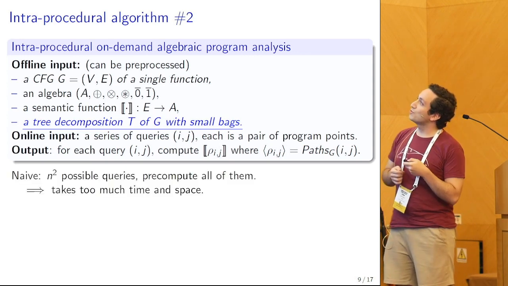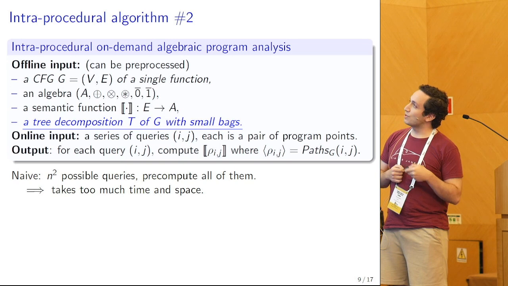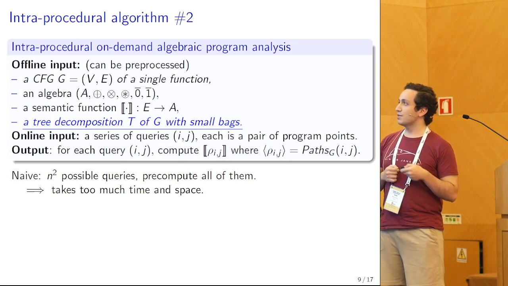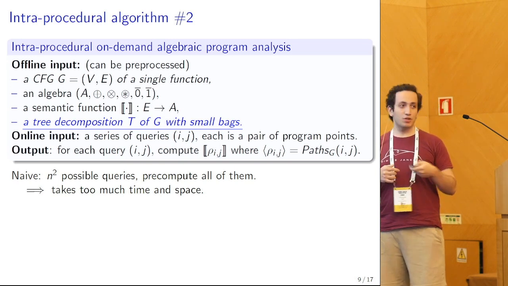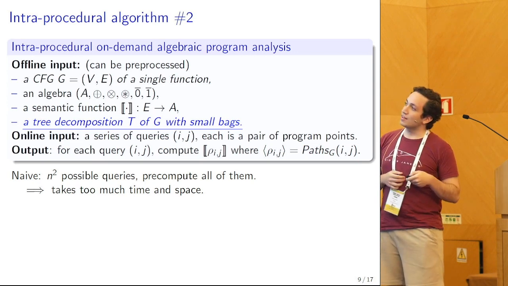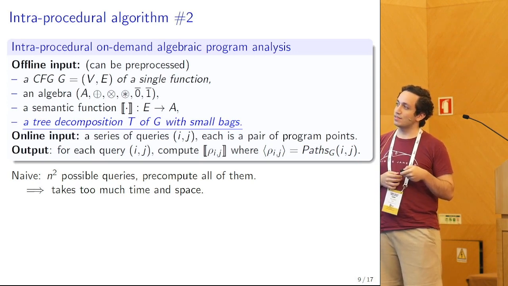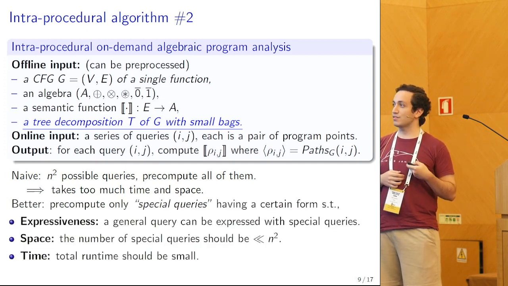Now let's try to solve this problem. We are getting queries online, and we want to answer them. One naive idea would be to pre-compute all possible queries. Of course, this doesn't work because there are quadratically many queries, and that will take too much time and space.